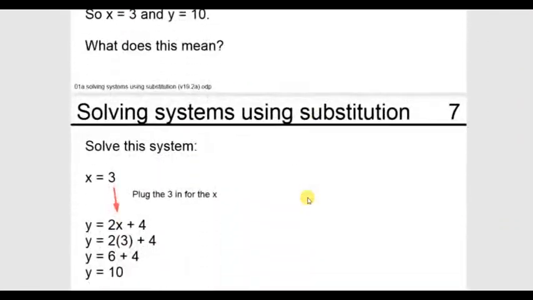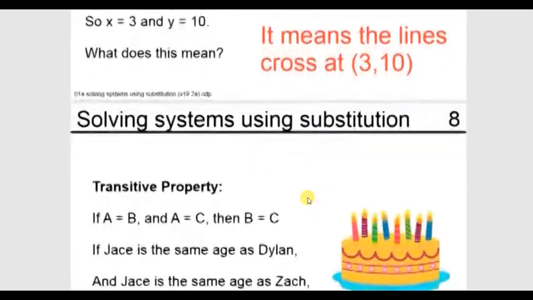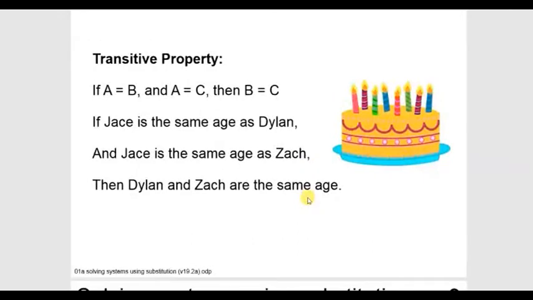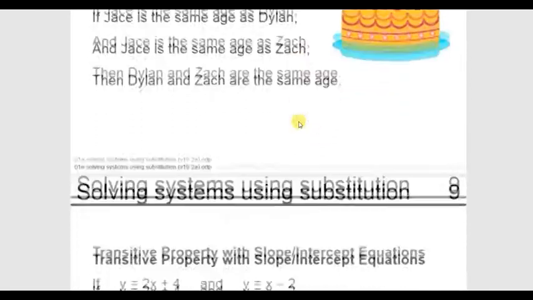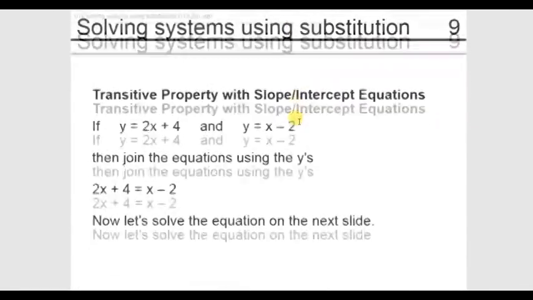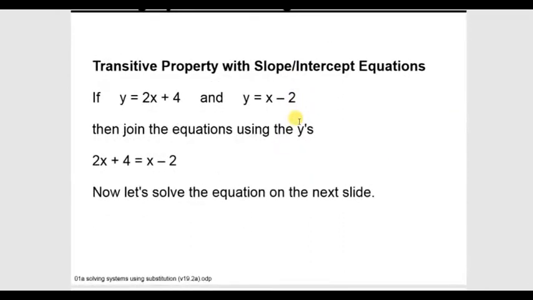Okay, so we plugged it in. We know how to plug it in. 3, 10. In the last lesson, we talked about the transitive property and how we can set things equal to each other. I did a little video with bananas and apples and oranges. Now, this is where it all comes together. We are going to solve this system.